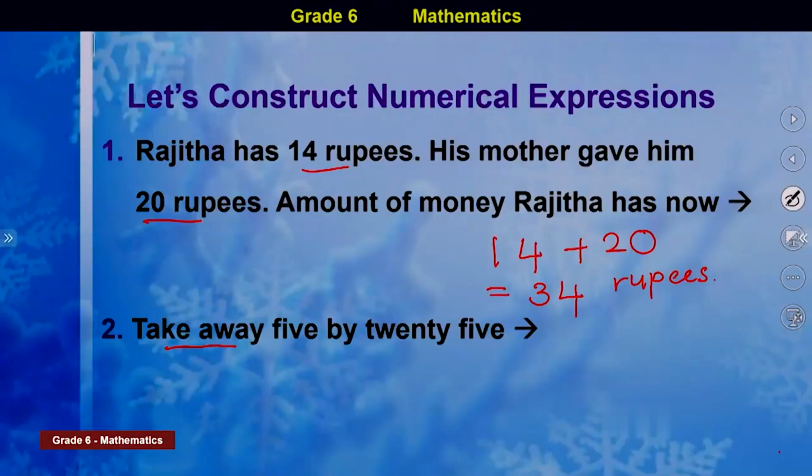We can write a numerical expression like this: 25 subtract 5. Here you can simplify this numerical expression further. 25 subtract 5 is 20.